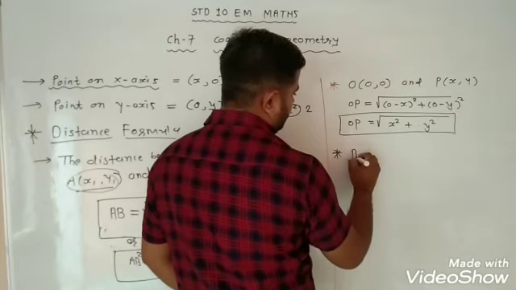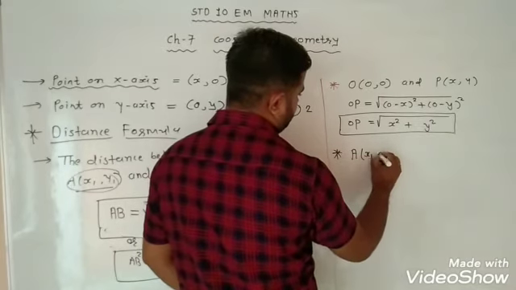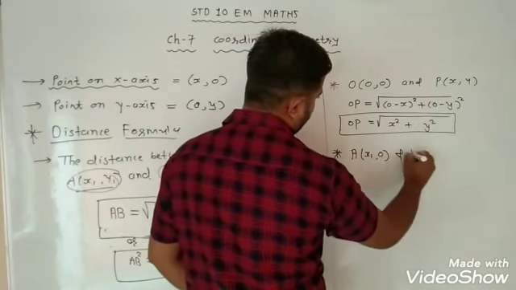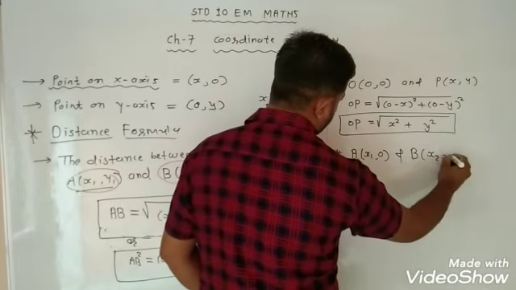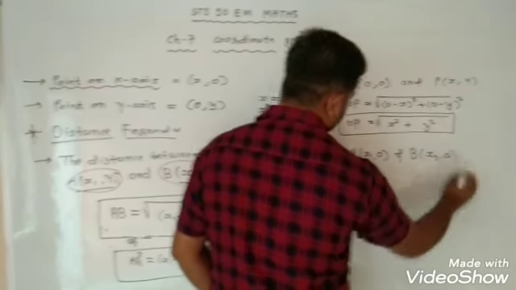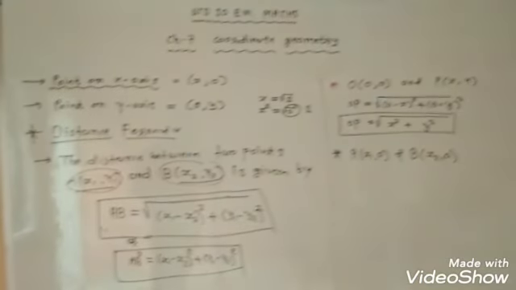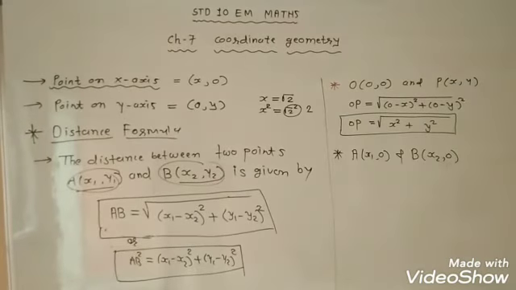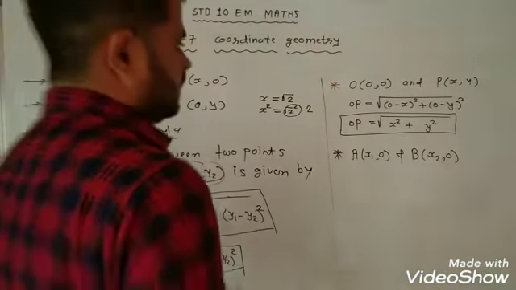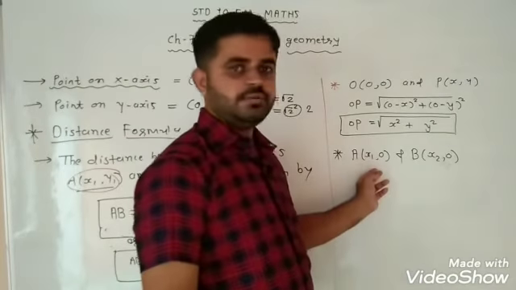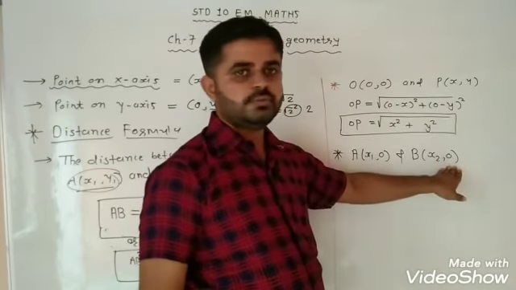Now if the point A is x1 0 and point B is x2 0, what is the meaning of this? Here the point A is x1 0 and point B is x2 0.